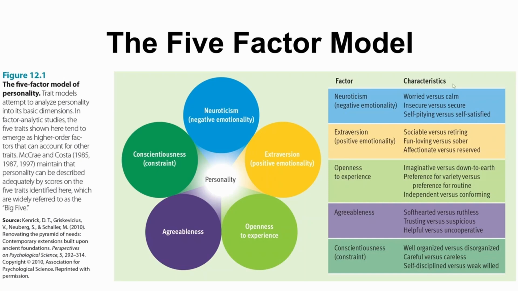And we, again, can think of how this might relate to things like your nervous system activation having an effect here. We also have neuroticism, which is another one that I've mentioned as an example before, where if you are high in neuroticism, you tend to express negative emotionality. So you might be more worried and insecure, more likely to have self-pitying thoughts.